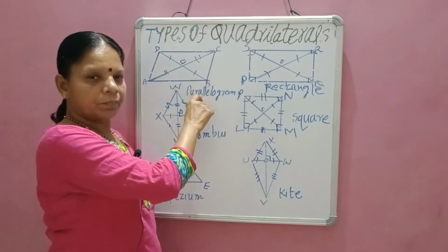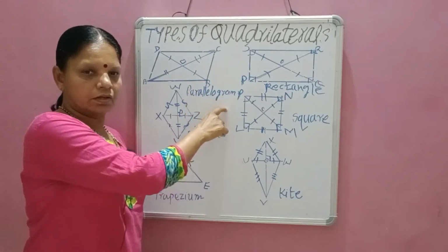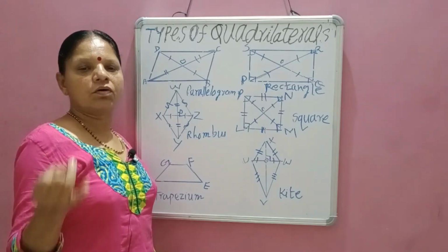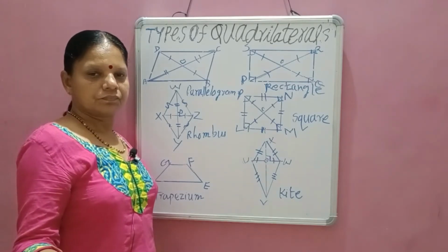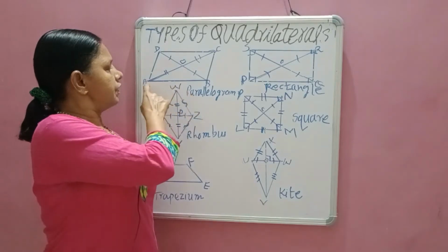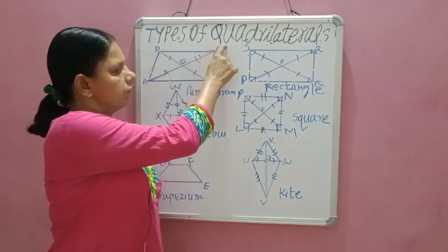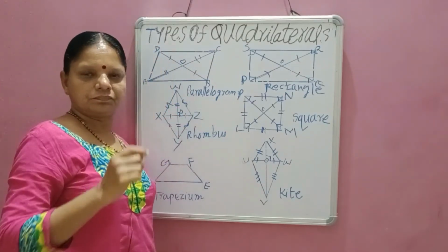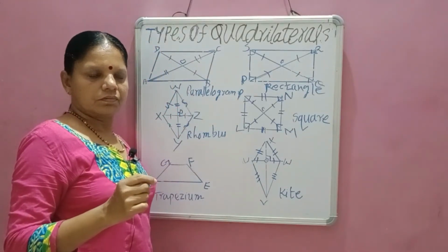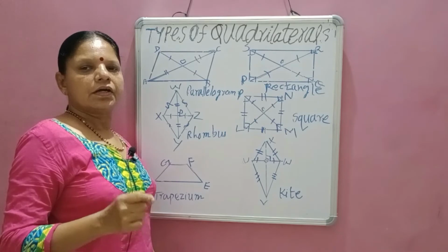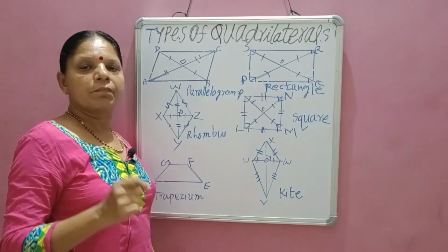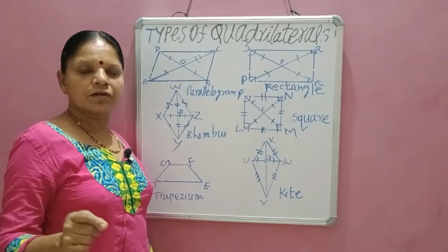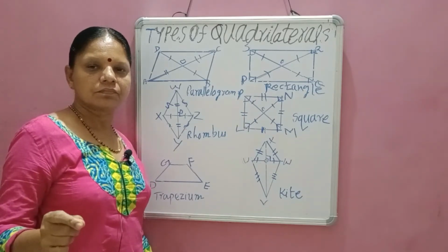The properties of parallelogram are, the first one, opposite sides are congruent. That is AB congruent to DC, BC congruent to AD. Then diagonals bisect each other. What is the meaning of bisect?